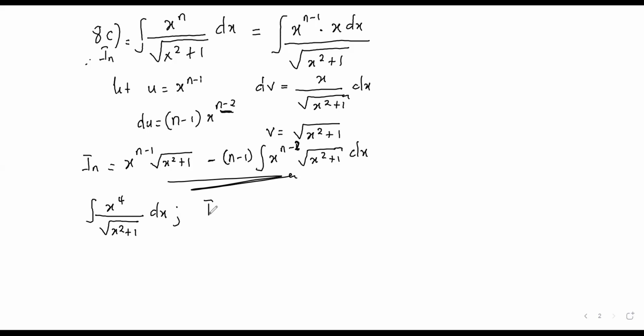So we're saying I4 is going to be x^(4 minus 1), that's x^3, times root x squared plus 1, minus 3 times x^(4 minus 2) integral of that. Like that. Yeah, so we can move on.